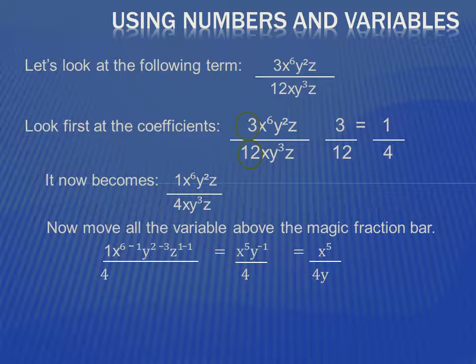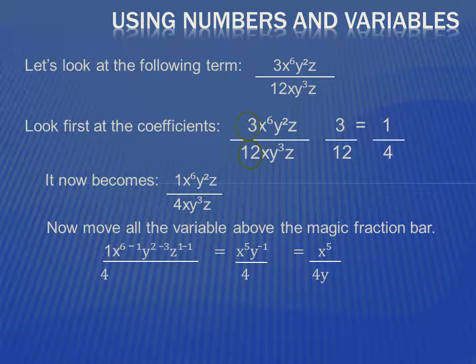That's how we get x to the 6 minus 1. Now we have in our numerator y squared, in our denominator y to the third. So they're both positive, so when I move the y to the third above it, it becomes negative. So I have y to the second minus the third.